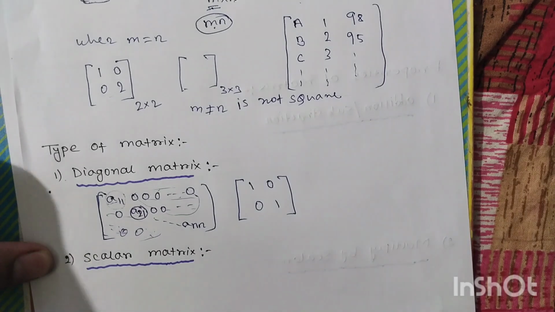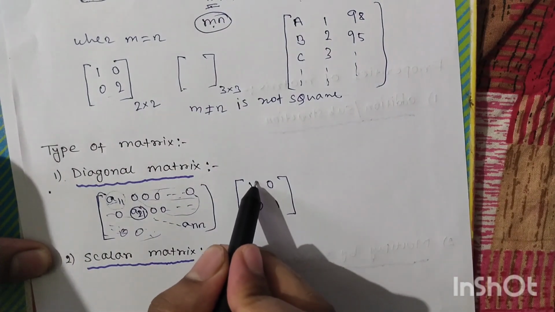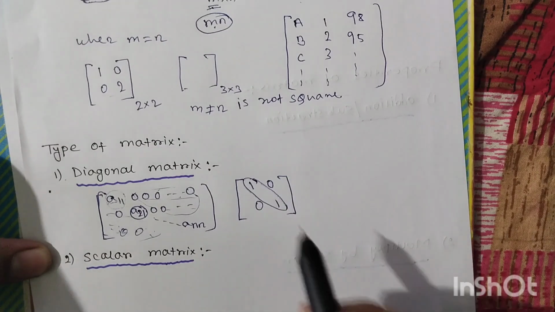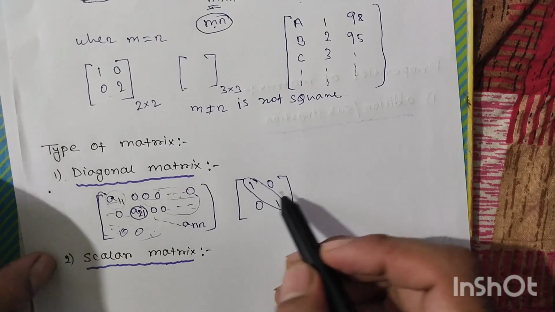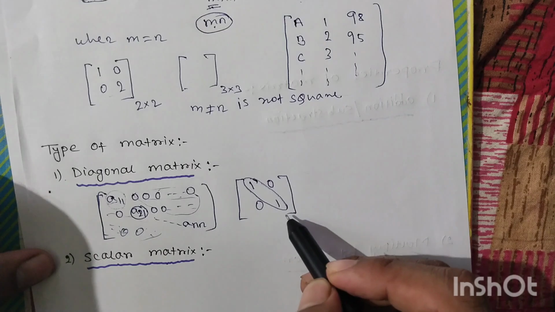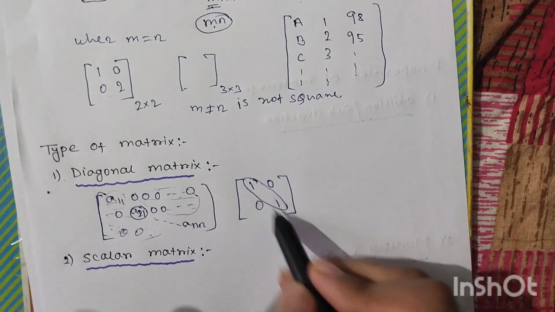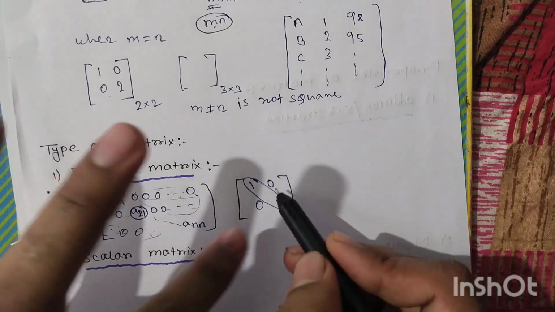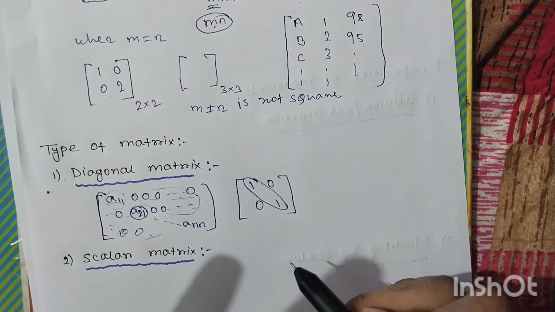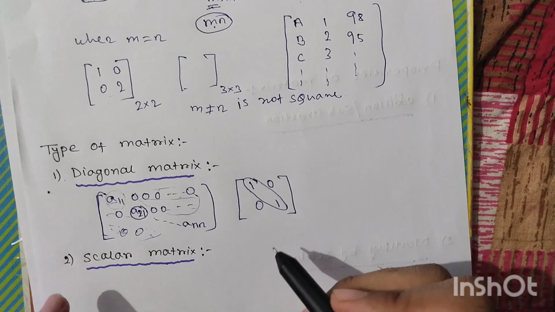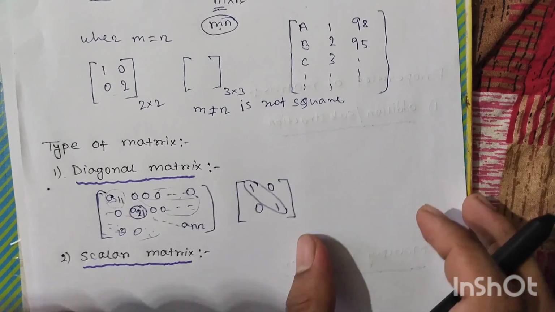This is also a diagonal matrix, because we already talked about what a diagonal matrix is. If a matrix has zero elements except the diagonal elements, we don't care about the diagonal elements but about the remaining part, and they are zero, then we call that matrix a diagonal matrix.